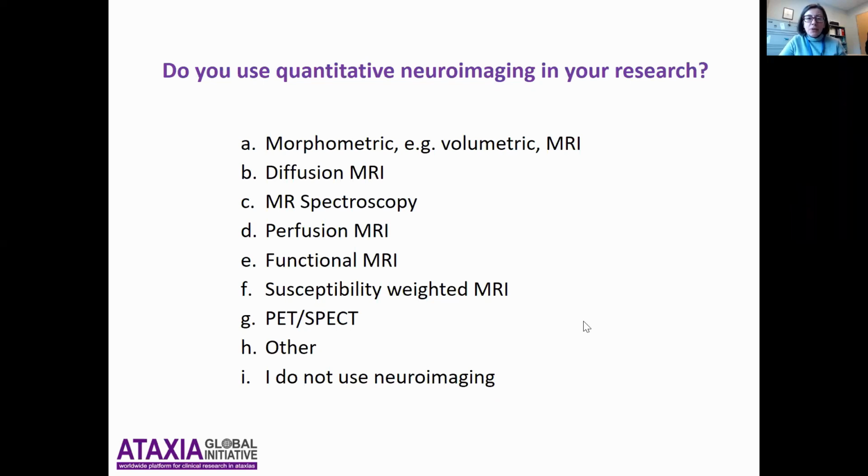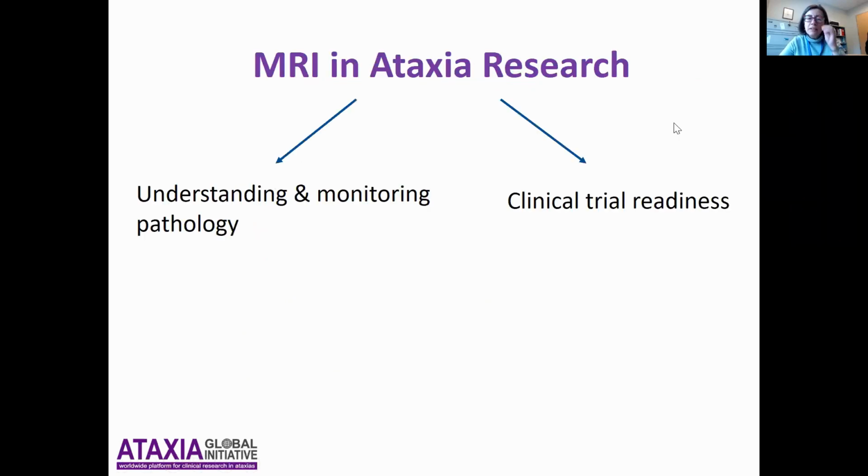All right, so the uses of MRI in research go in kind of two directions. One is about understanding and monitoring pathology, and of course, this has potential diagnostic and prognostic applications in the future in the clinic. And then the second one is clinical trial use and getting ready for clinical trials to utilize these MR methods in robust fashion.